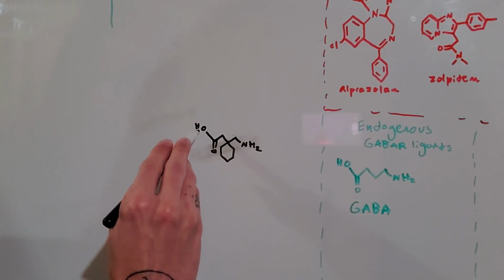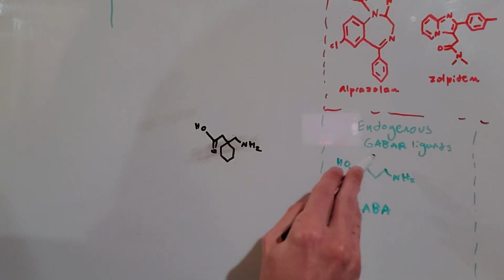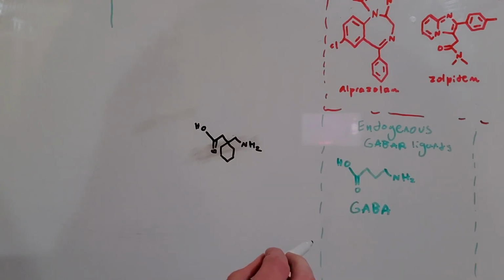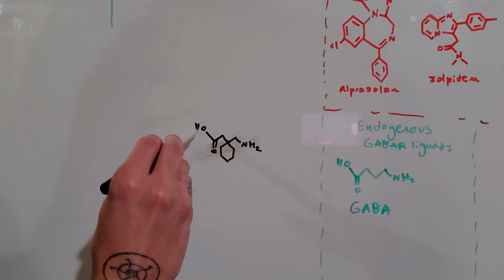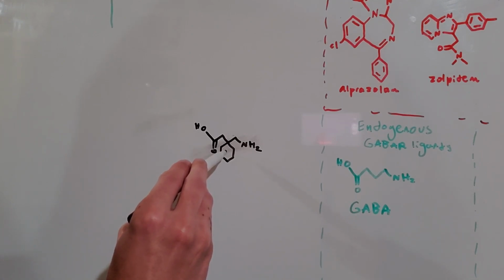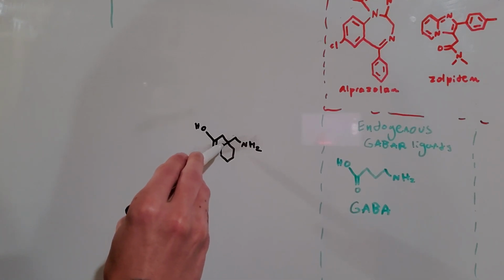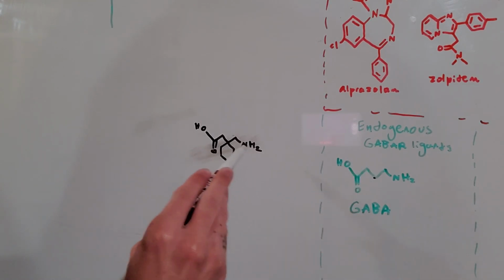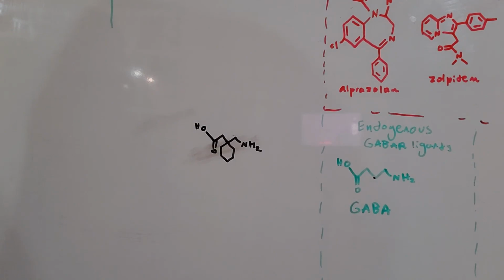You have the gamma aminobutyric acid group, and gabapentin has that same skeletal structure with a saturated cyclohexane ring attached at this position. That similarity is why they're called gabapentinoids.